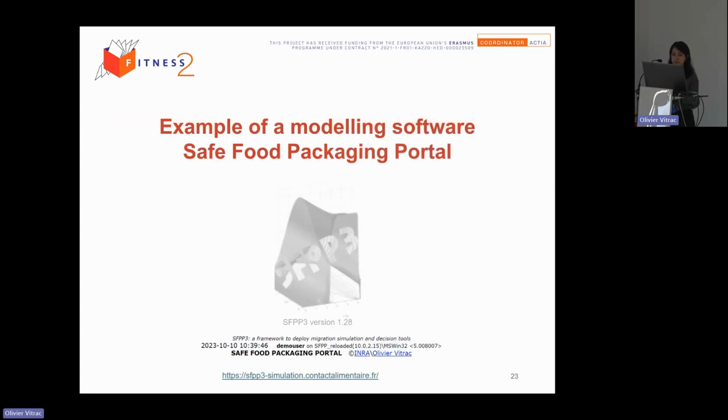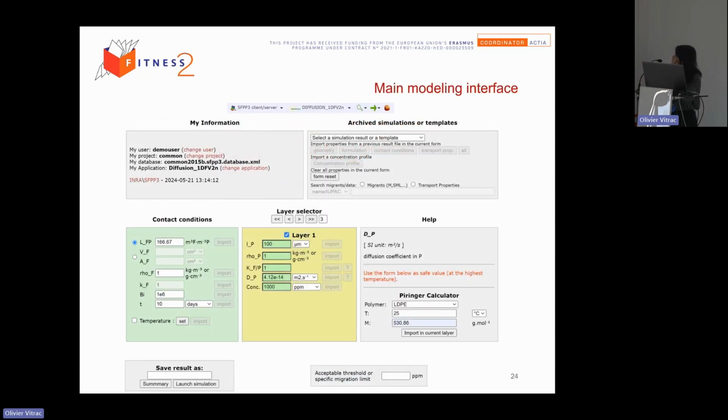So just rapidly to show you the software SFPP, Safe Food Packaging Pattern, at this link. To launch the main interface of the SFPP3 tools, to get access to this tool, you need to send us a message, because we will give you the login and a password.